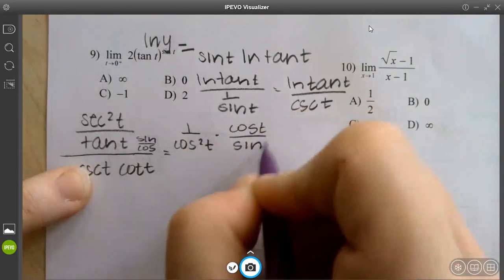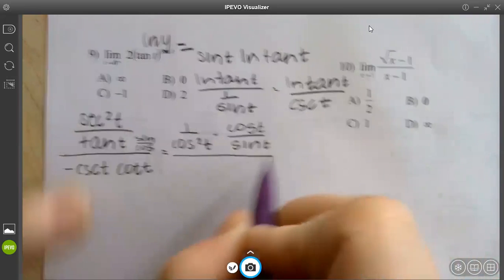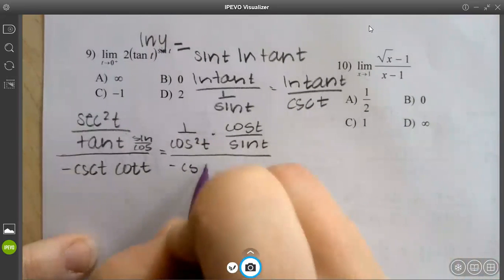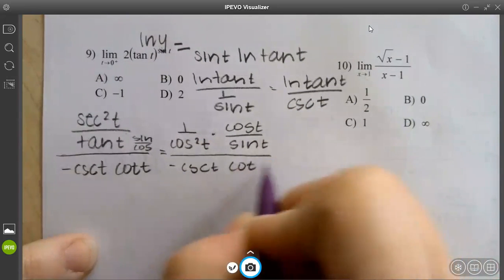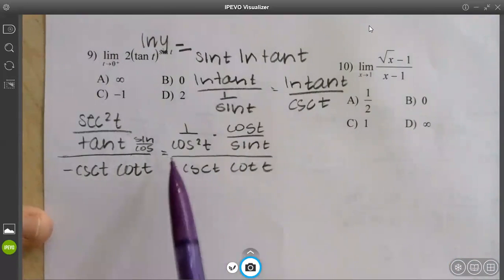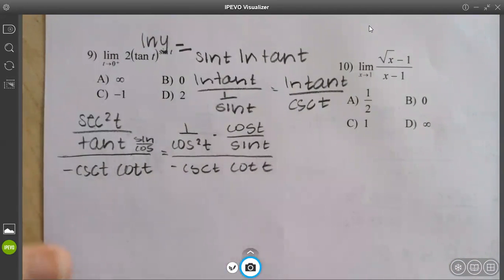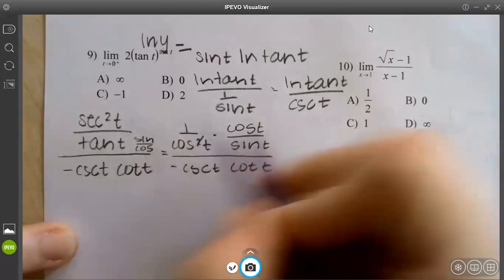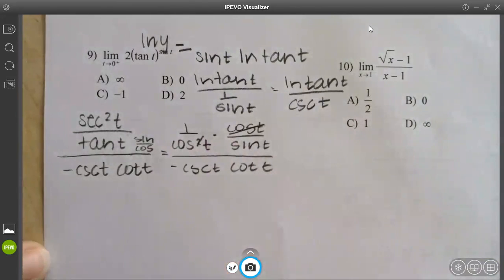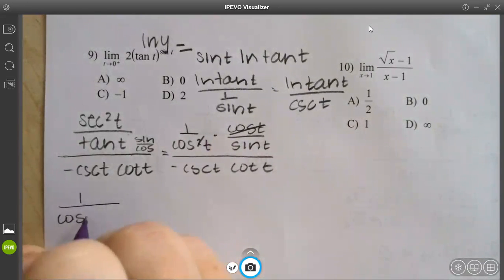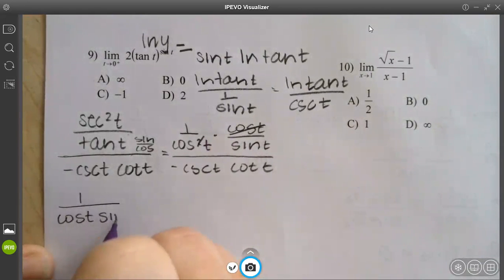Does everybody see that? We're going to hold on to this bottom for just a minute. What happens on the top? Cosine cancels out. We're left with 1 over cosine t sine t.